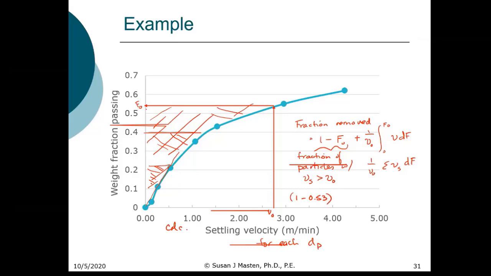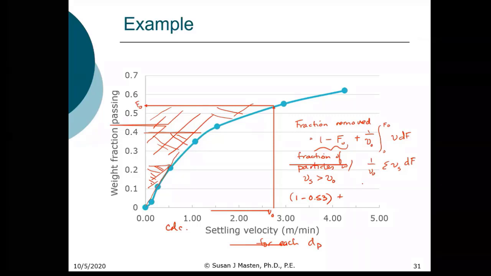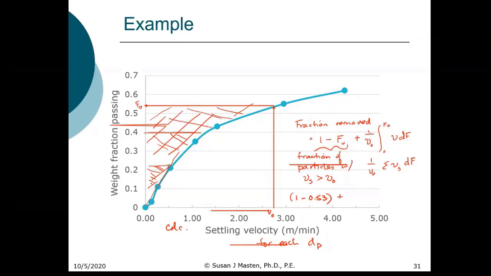So this is about 0.53 plus, and I've calculated the area above this curve in this region here, and that is 0.49 over 2.8. So that is 0.645, or 64.5%.